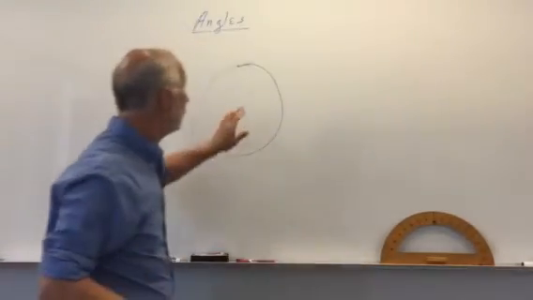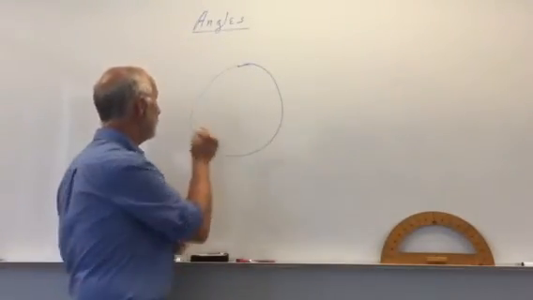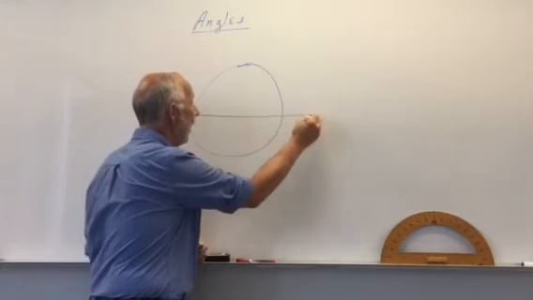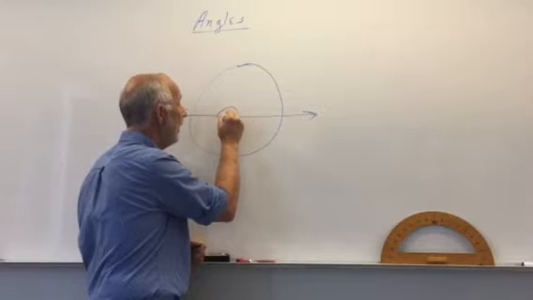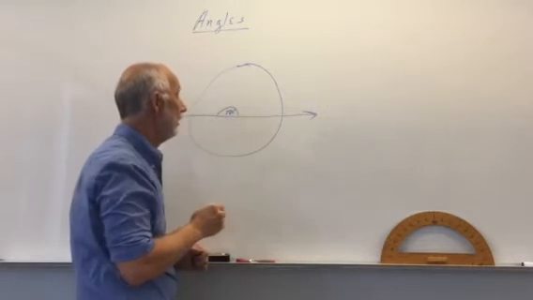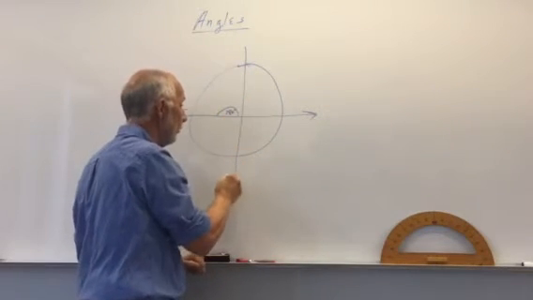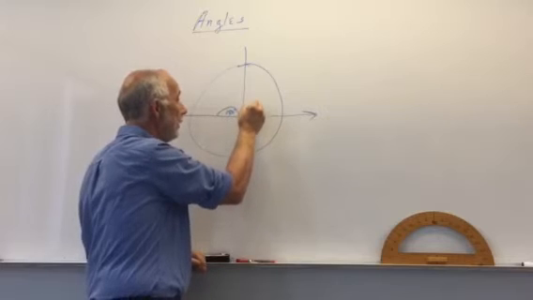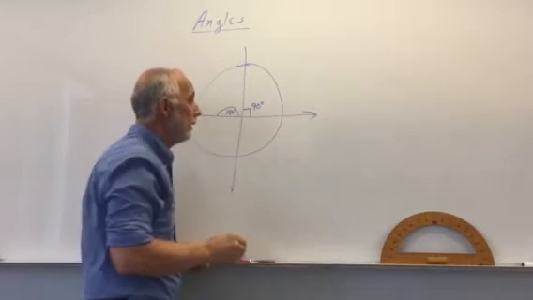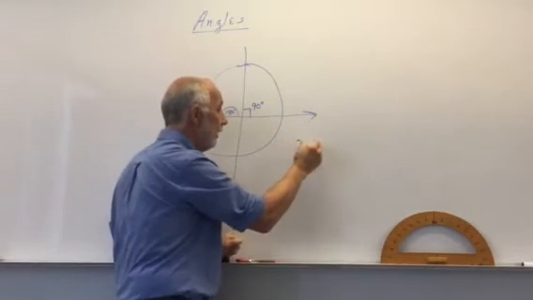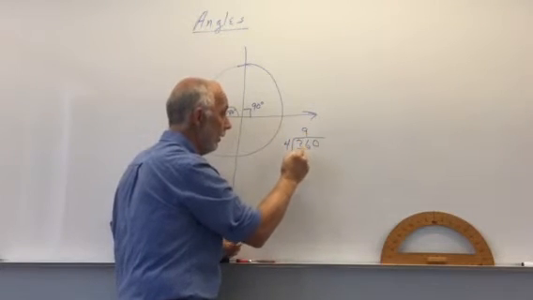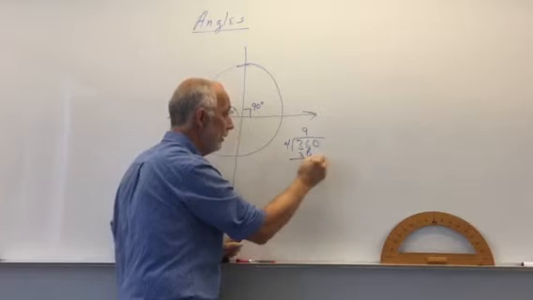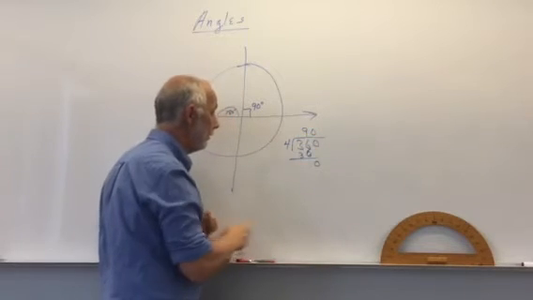All right, so if a whole circle is 360, then half of a circle would be 180 degrees. And then a fourth of a circle would be 90 degrees. Because if you took 360 and divided it by 4 to get 1/4, it comes out to be 90 degrees.